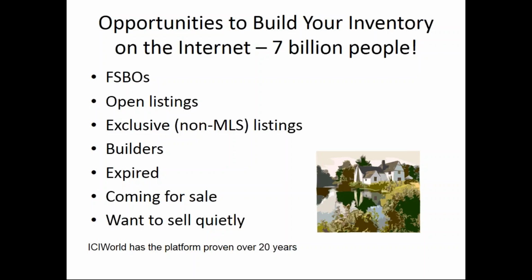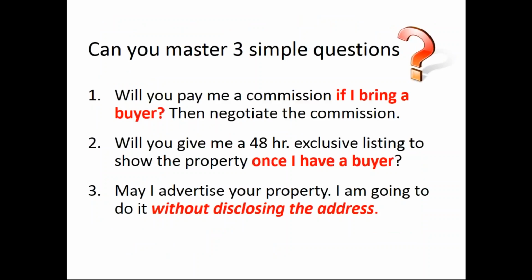Some people don't want all the beautiful furnishings in their home, their Van Gogh paintings plastered all over the internet because they just feel more private about what it is that they do. They want you to get a client, and then they don't mind releasing the information to individual clients that are qualified, but sometimes they just don't want it. So there's a lot of uses for exclusive information in the world.